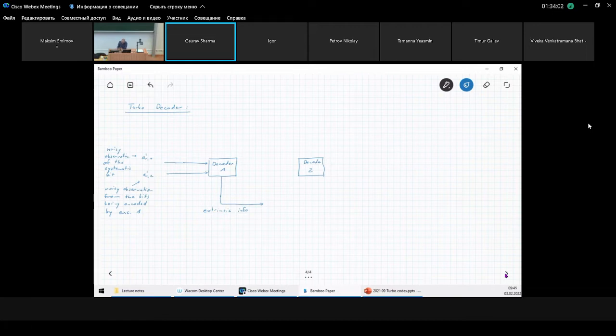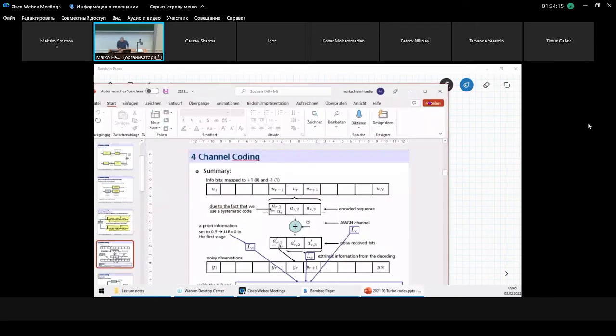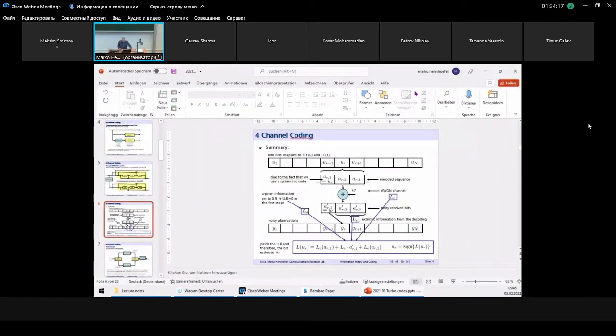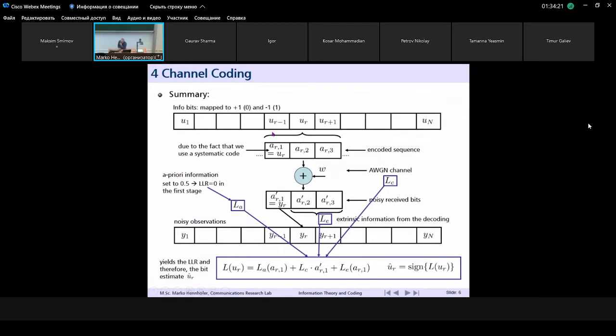Okay, yes. So maybe let me show you a slide related to this question. This is where I typically go into more detail. Just look at this slide. This is basically how I use the variables here. When I explain the turbo codes, we want to transmit the information bits U1 up to UN.